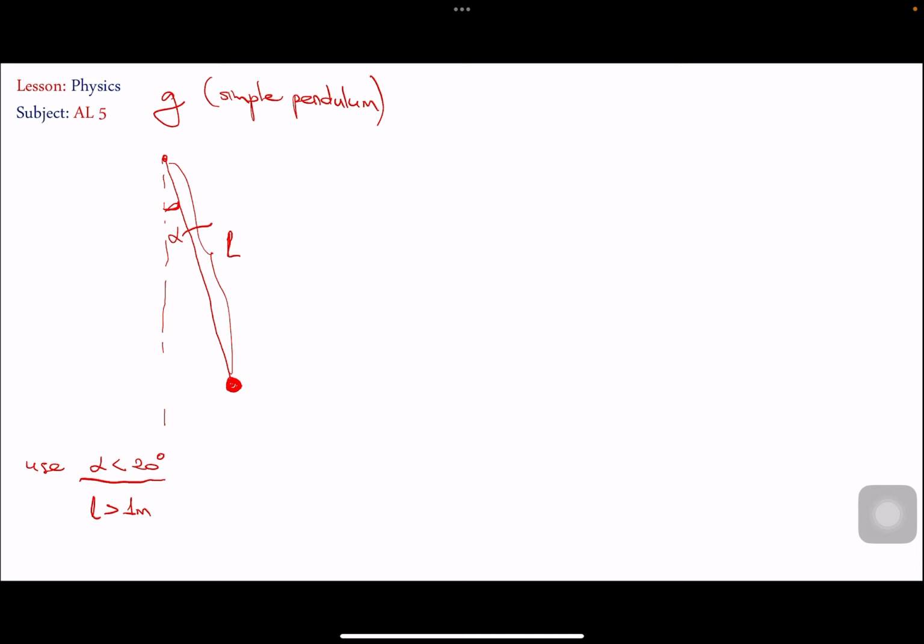Now what to do? You release it, and of course it will make some vibrations. It will go in this way and return back. You know that the time needed for one complete revolution is called the period. So if you make n revolutions, where n is 10, let me draw the table here.